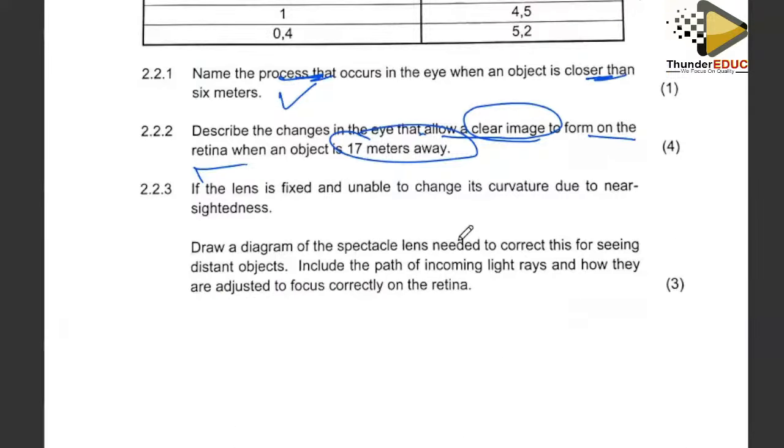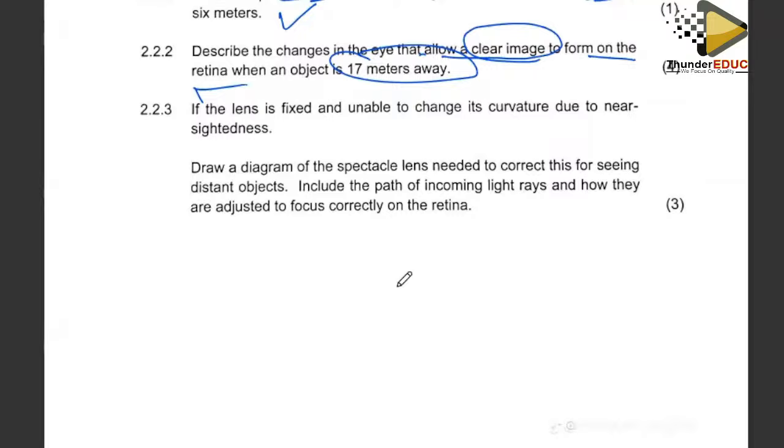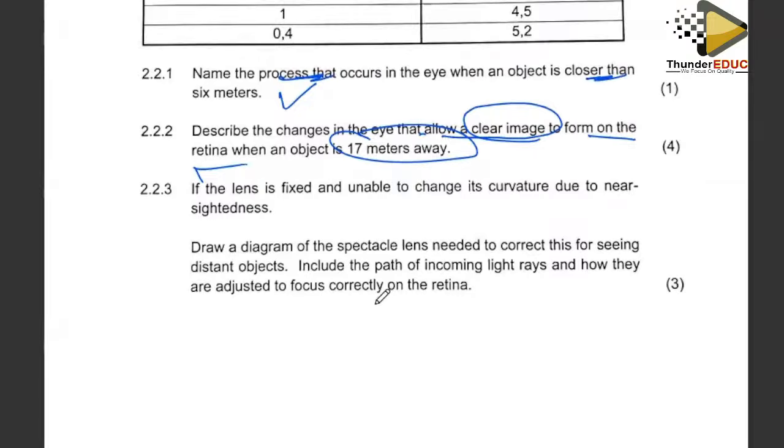They're saying that if the lens is fixed and unable to change its curvature due to nearsightedness, draw the diagram of the spectacles needed to correct this for seeing a distant object, and include the path of incoming light rays and how they are adjusted.